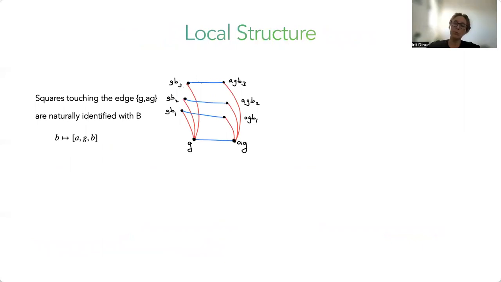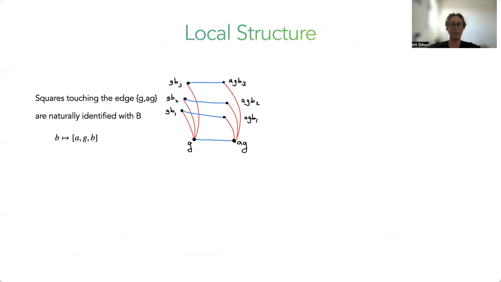So now I want to move to look at the structure of this Cayley complex, kind of zooming into the local structure. What's going on in a local neighborhood of an edge or a vertex? So let's start with an edge. Suppose we look at the edge from G to AG. And who are the possible squares that touch this edge?